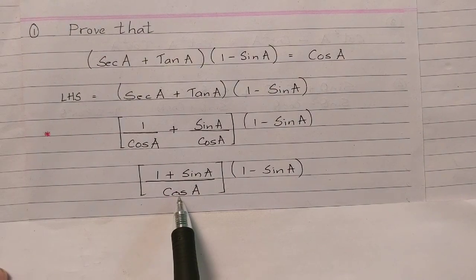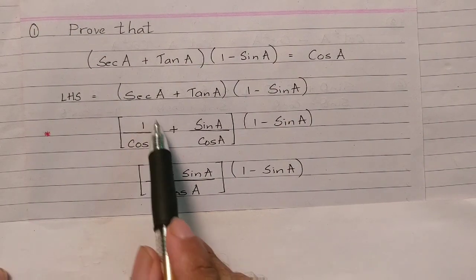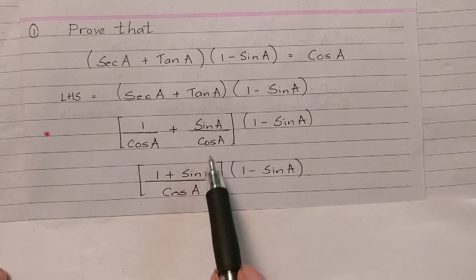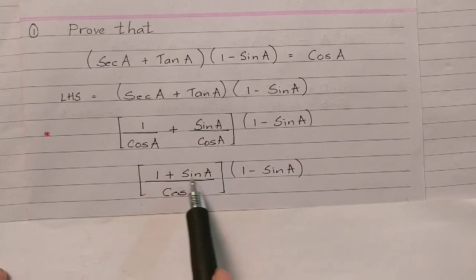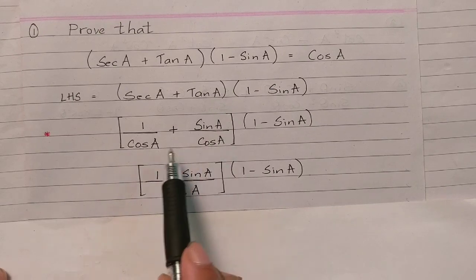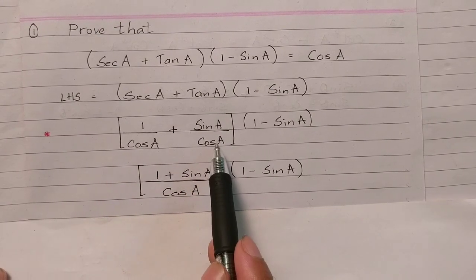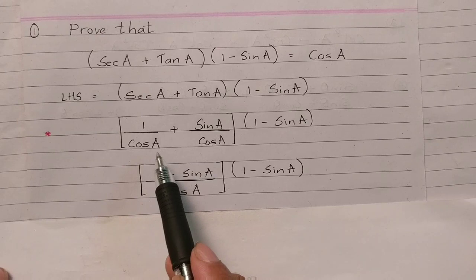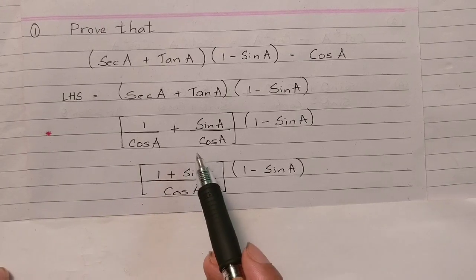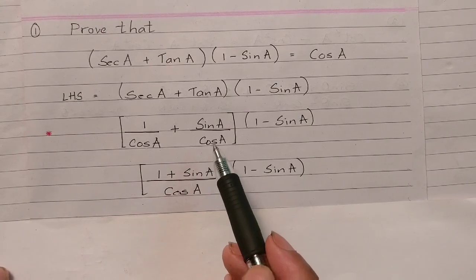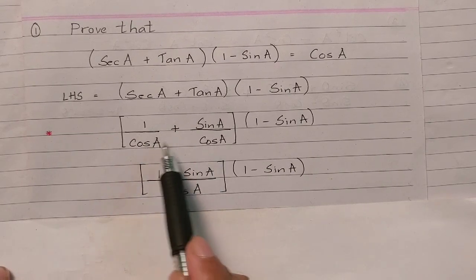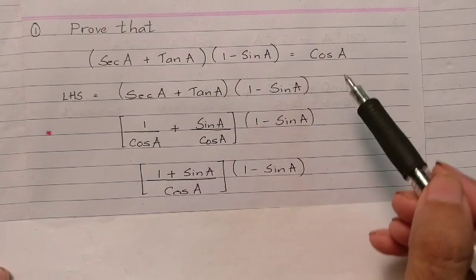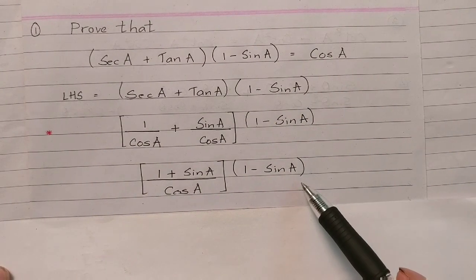So these two fractions are reduced into one fraction: 1 plus sine A upon cos A, because the denominators are the same. If they are different, then I'll follow a little different step, and I'll explain that whenever we come across those kinds of questions. So here it is cos A. Since it is the same thing, I will write it once. This part is kept as it is.